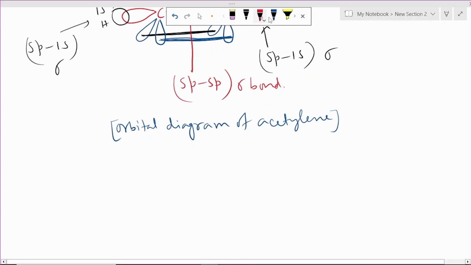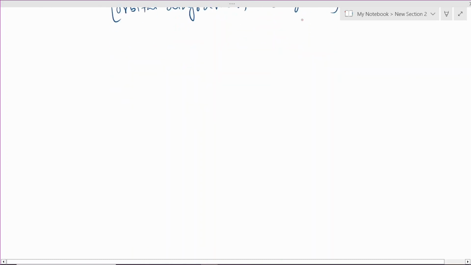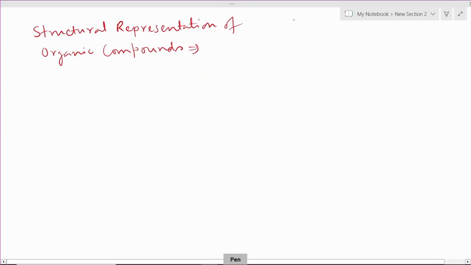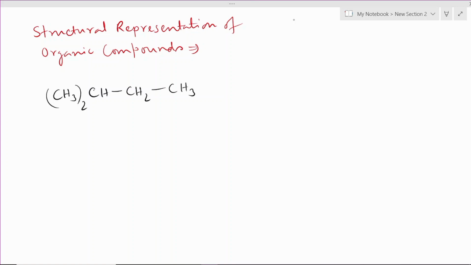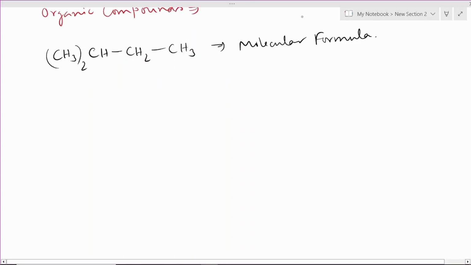Now we move on to the next topic, which is structural representation of organic compounds. Let's consider the molecular formula. This is the molecular formula. Now this can be drawn in the following representations.